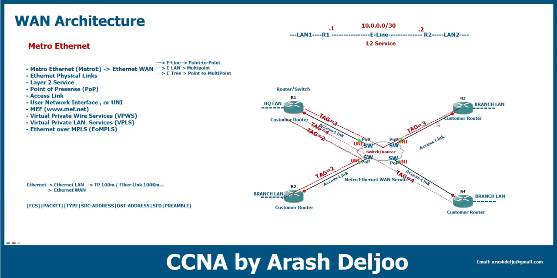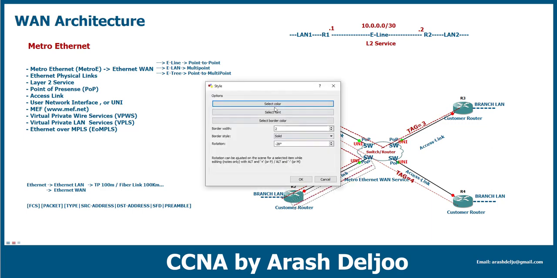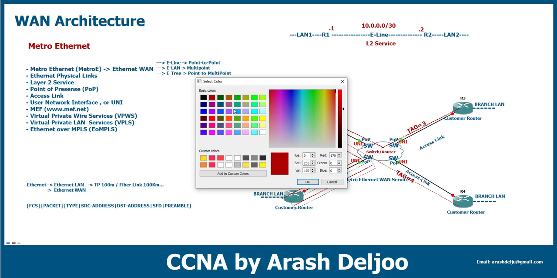Okay, now, again, you know that we need to have connectivity between all sites with point-to-point links in this scenario. If you want to have point-to-point links between all sites, again, you should establish this type of connection between the other sites. For example, this is the site 2, let me show you, okay, and here, let me change the color.